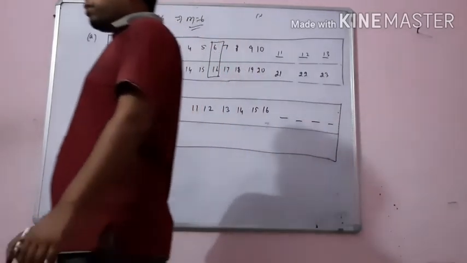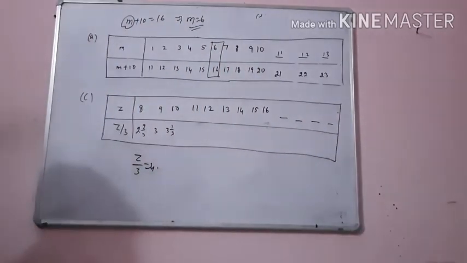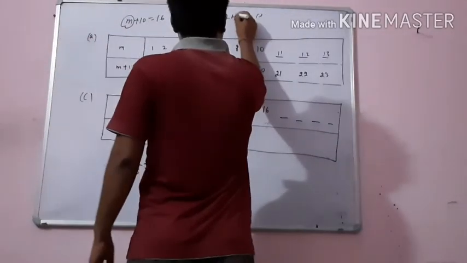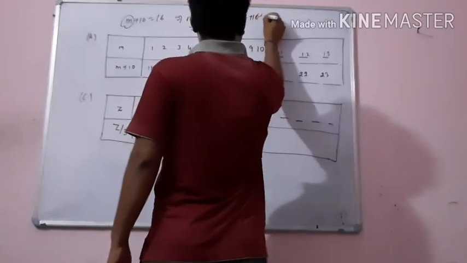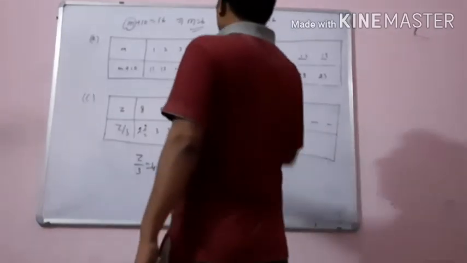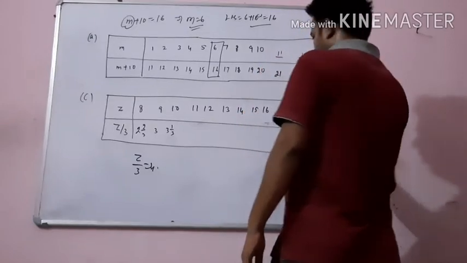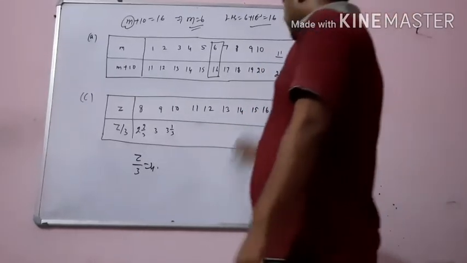The solution of the equation will be n equals 6. Check: LHS 6 plus 10 equals 16, RHS equals 16. So n equals 6 is the solution. Now here 16, 17, 18, 19, 20.